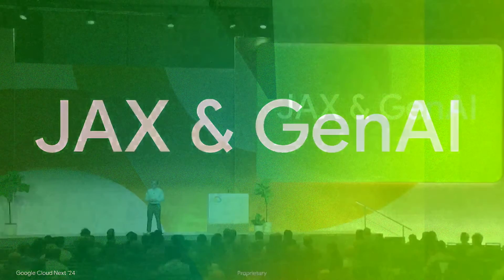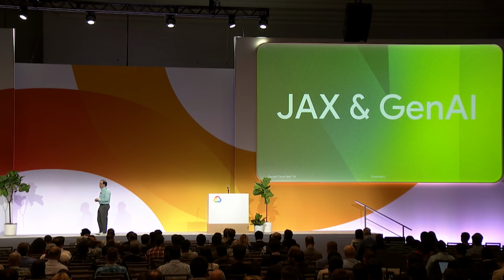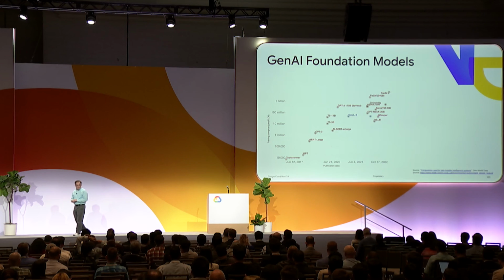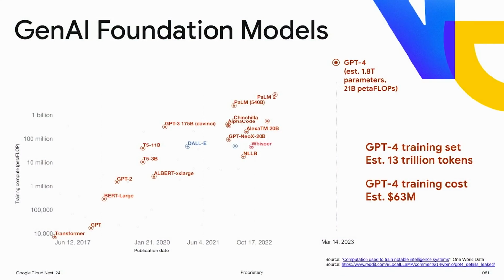So, JAX and Gen AI. Why is this a marriage made in heaven? Well, we know that compute demands are just crazy. We're looking at models today that are incredibly expensive to train with huge data sets. They are huge models in terms of the number of parameters.